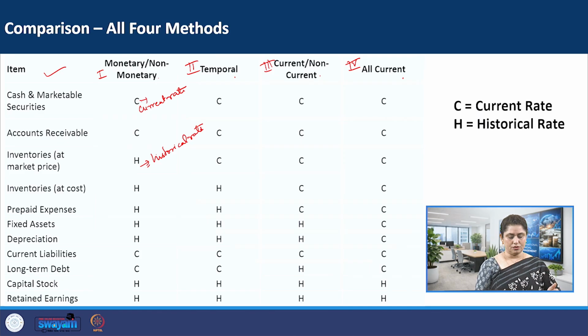Now you see the capital stock here and the retained earnings.